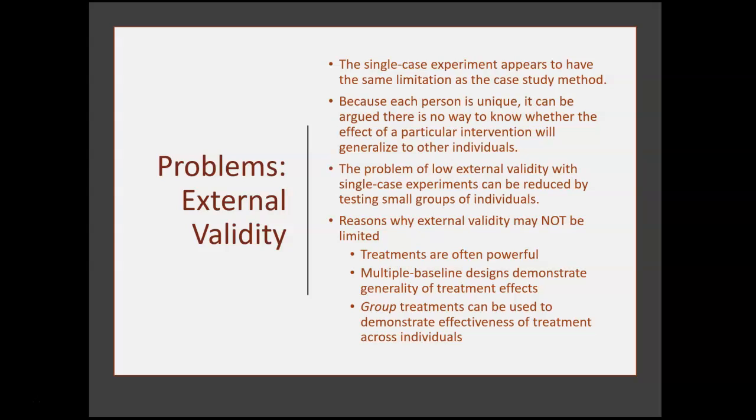Group treatments are a way that you can further, your authors are very fond of the multi-method approach. If you do group treatments, you can also demonstrate how effective a given treatment is likely to be across individuals, and that can boost your external validity. And that concludes my video lectures for Chapter 9.